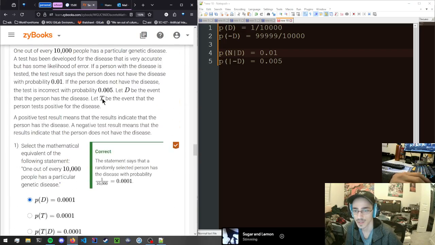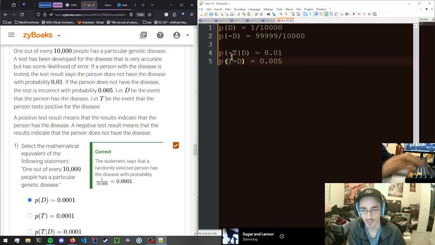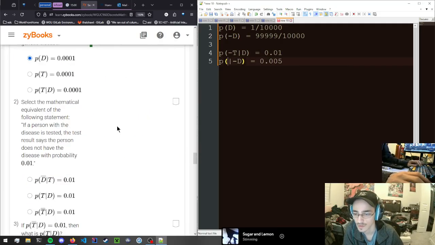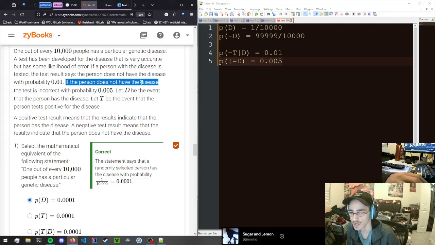So T is that it's positive. So not T is that. I don't really know what this here is. It says if the person does not have the disease, the test is incorrect.